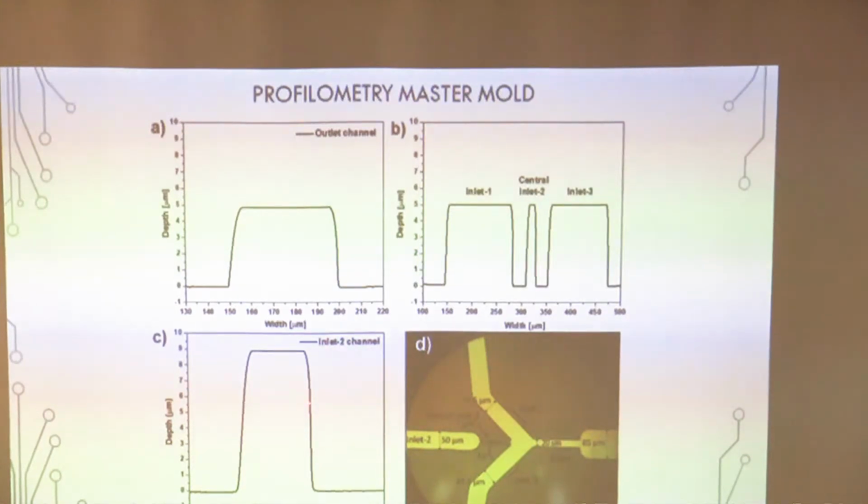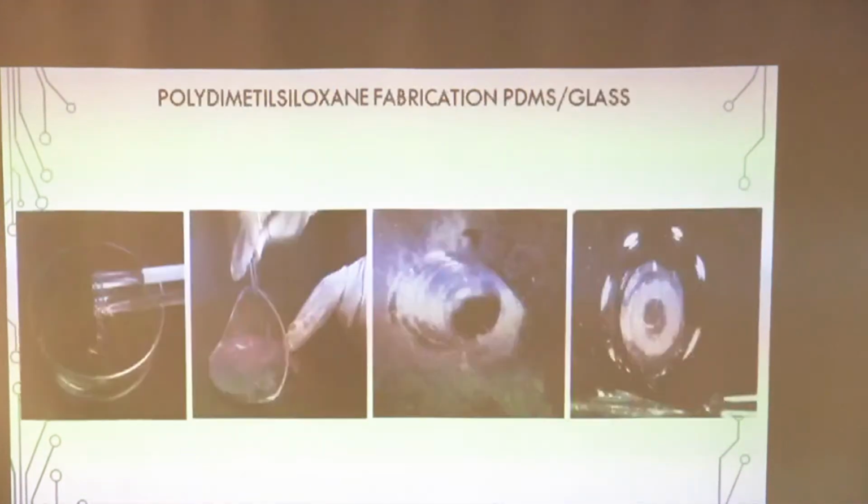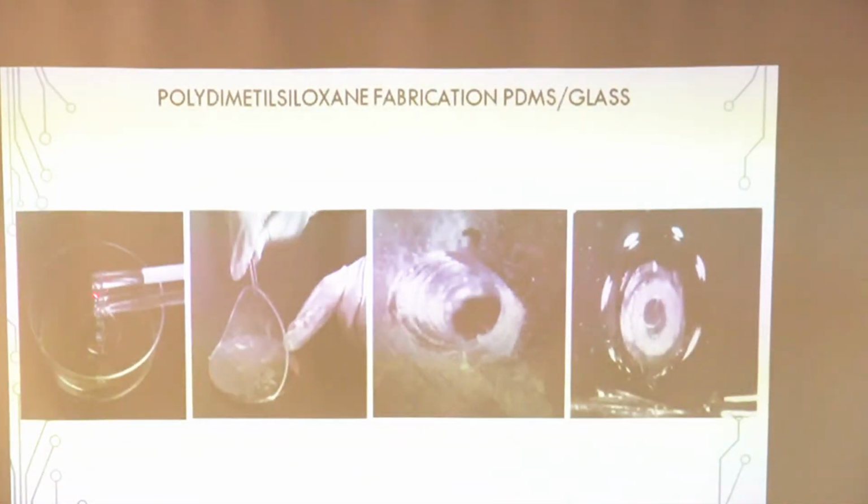And this is the central channel here. This is a close-up. Well, after this, we need to reproduce these channels with a polymer called polydimethylsiloxane, and create the inputs or the inlets for the microchip. We conduct these liquids through the pipe to the chip.